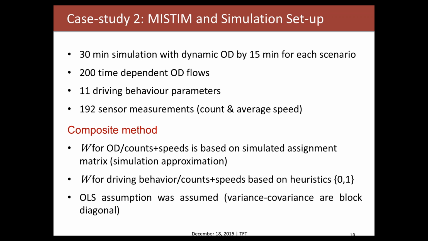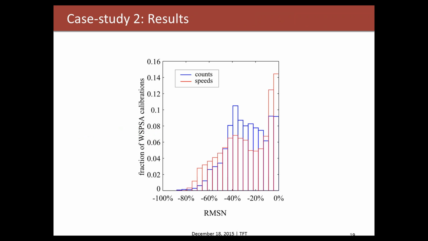In the same way, for the relationship between the ODs and the measurements, we got it from MISTIM, using an estimated assignment matrix by the simulator from what was observed in the simulation. For the driving behavior, we assumed the weight of all those parameters was 1, and the OLS assumption was assumed, so the variance-covariance were block diagonal in the first equation that I showed.